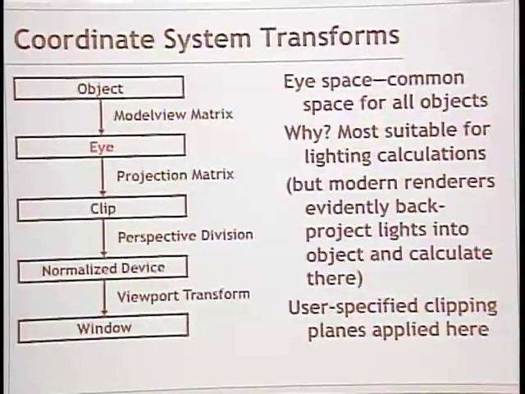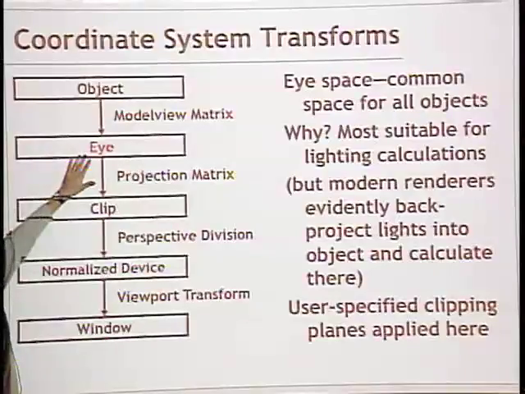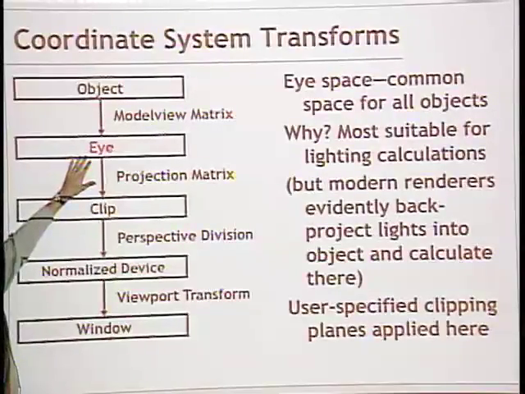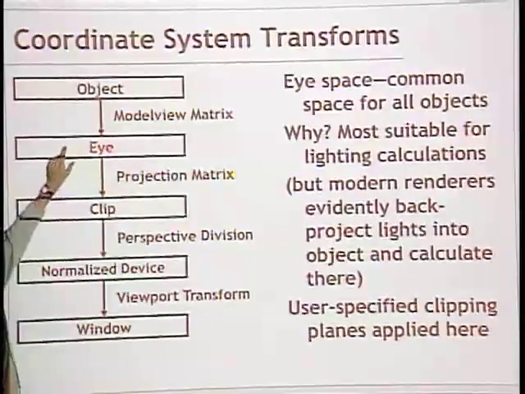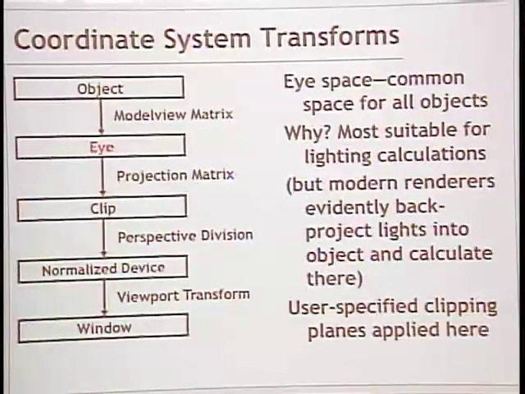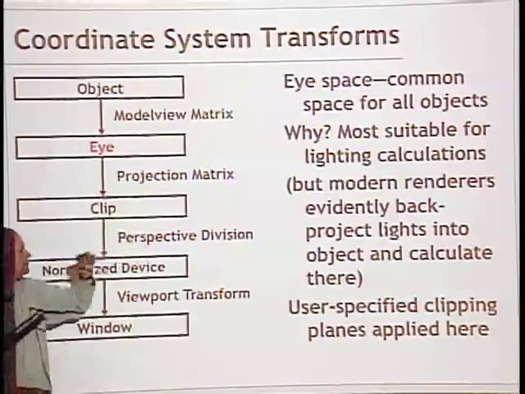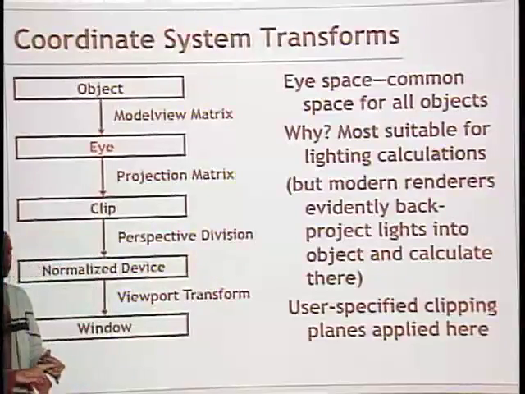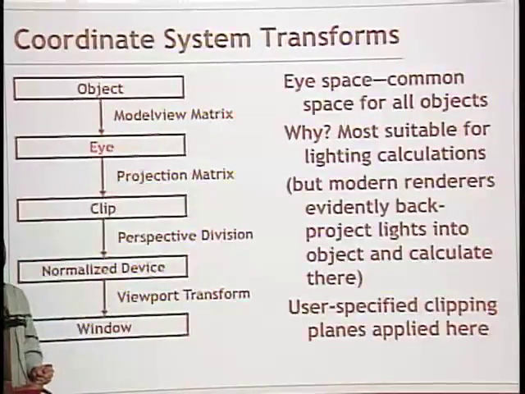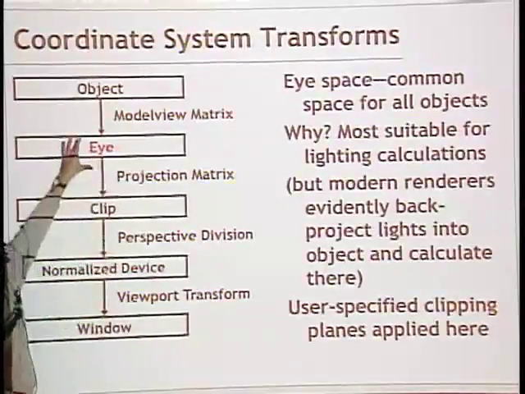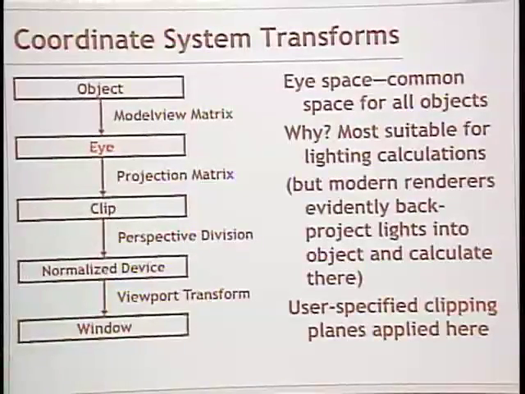Probably objects. So does it make sense to take all the objects, 100,000 objects, to there, or does it make sense to take the lights and back project them into object space? Now, you're going to have to back project them into every object space because different objects have different space. Evidently, I am now told that modern renderers back project the lights into object space, calculate all the lighting in object space, and then totally skip the I space.